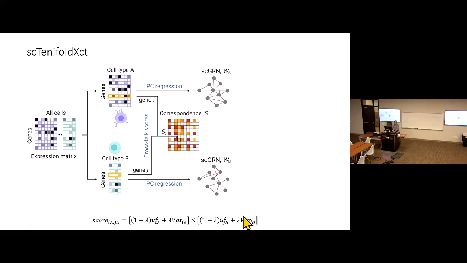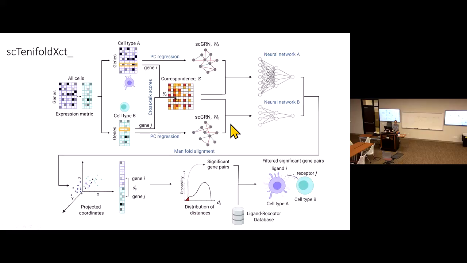One network and two network for gene regulation, and then the third will be this communication score matrix. So we put the three matrices together and through the neural network project genes into a low dimensional space. This gene set contains two sets: one set from cell type 2 and another set from cell type 1.